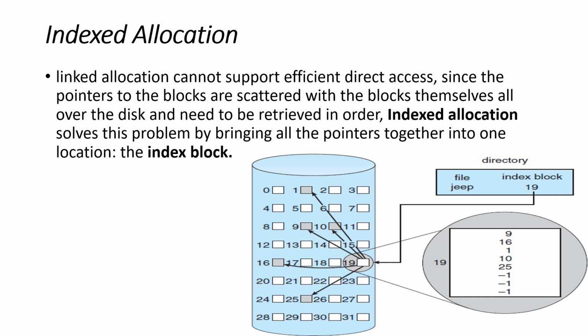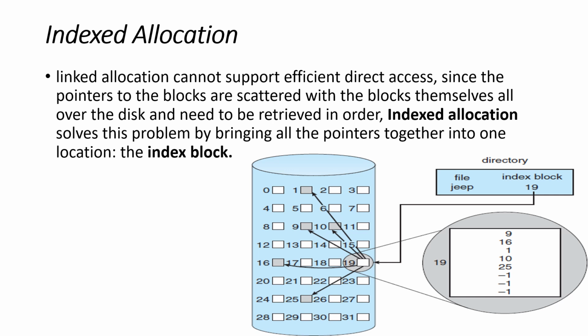There is no link and no contiguous allocation here. Instead, we go for indexed allocation. See the directory: we have one file name, Jeep, and the index block is given as 19, which is considered the index number. On the right side, block 19 has a lot of numbers.